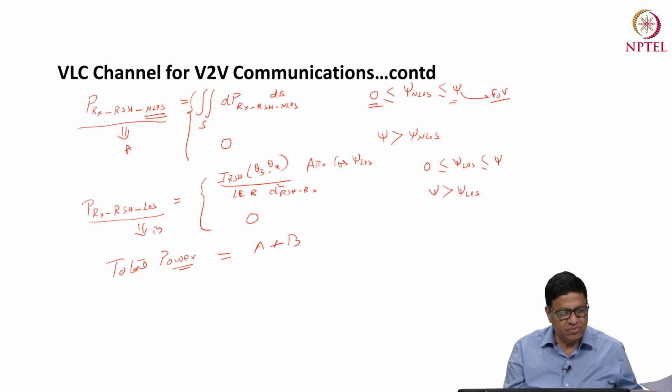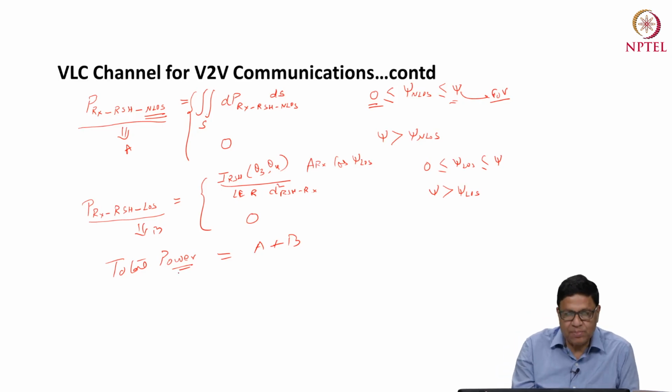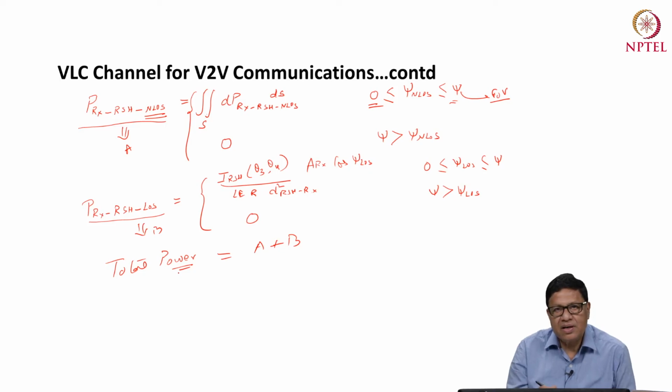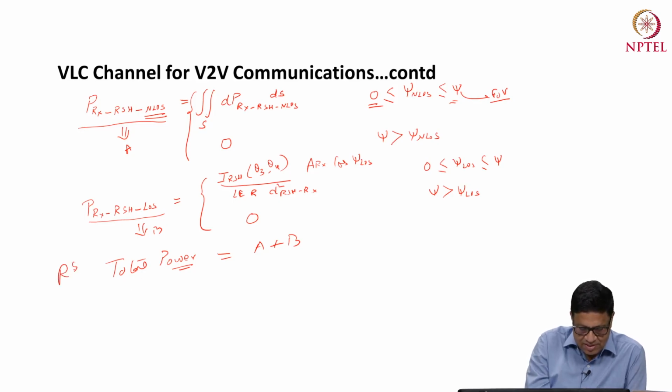And this we have done only for the right side headlamp, but you need to include the power which is coming from the left headlamp. So the total power, this is actually from the right side headlamp. So this is only from RSH.